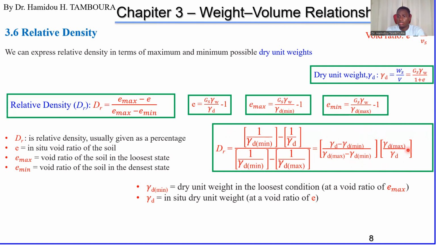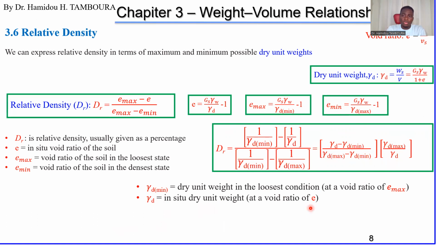So this one is your current, your actual dry unit weight you have right now of your soil, and the minimum one, the maximum one, minimum one, maximum one, and the one you have now.